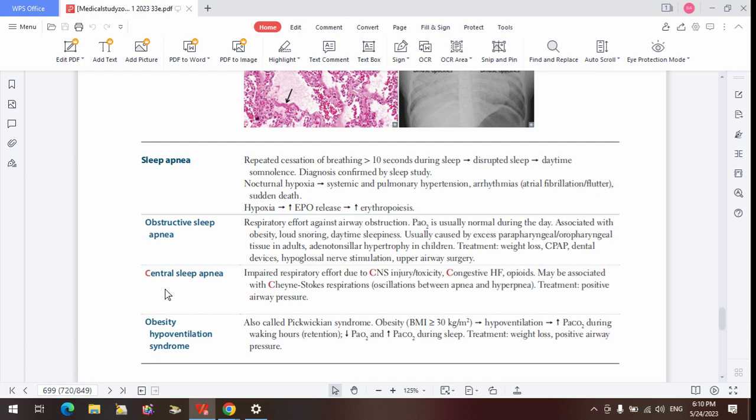Do we get it? So the central is in that they cannot detect CO2, and the sleep is in that the respiratory effort is even far more reduced at night, and CO2 keeps accumulating because they cannot do respiration to bring it out. Do you guys get it?